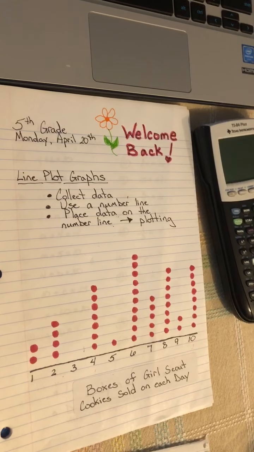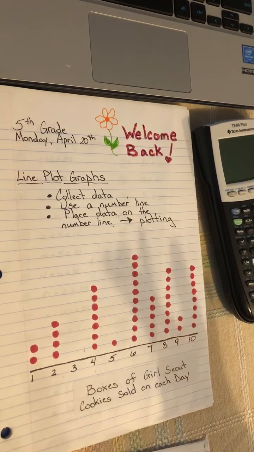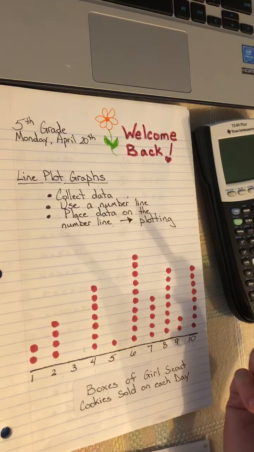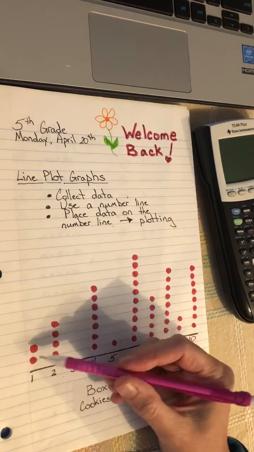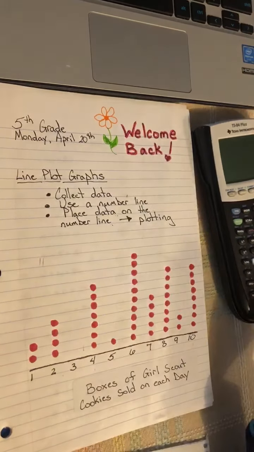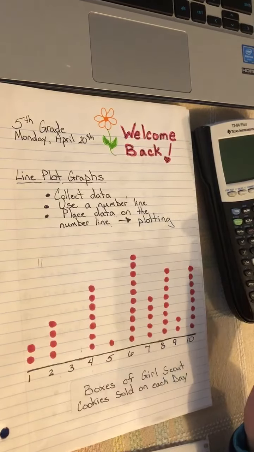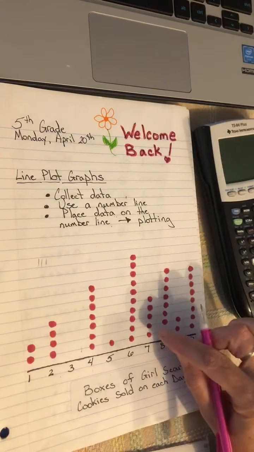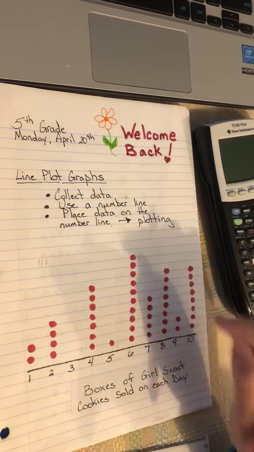Okay, how many days did she sell fewer than 5? So it cannot include 5. It has to be less than 5 to be counted. So fewer than 5 would be day 1. And day 2. Okay, day 4, they sold too many. Day 5. Day 6, too many.